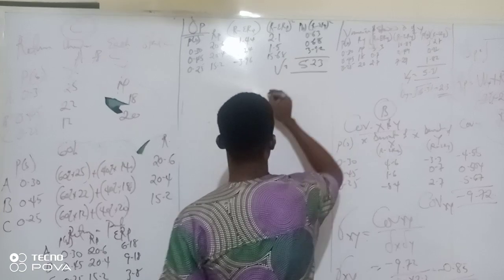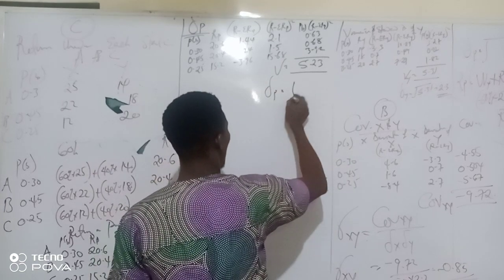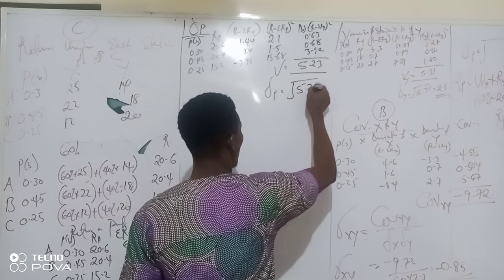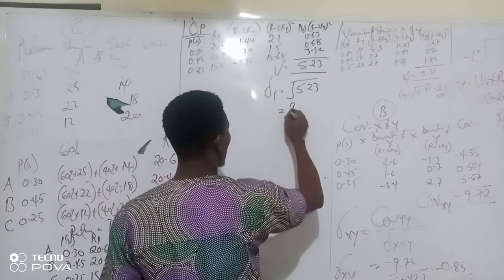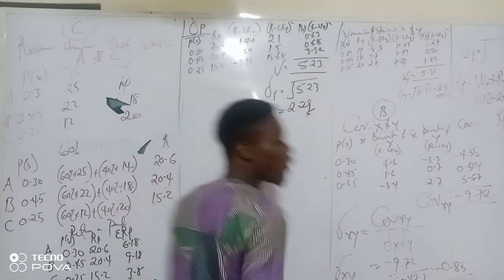That's the variance. So the standard deviation of portfolio is the square root of this 5.23, which is 2.29.